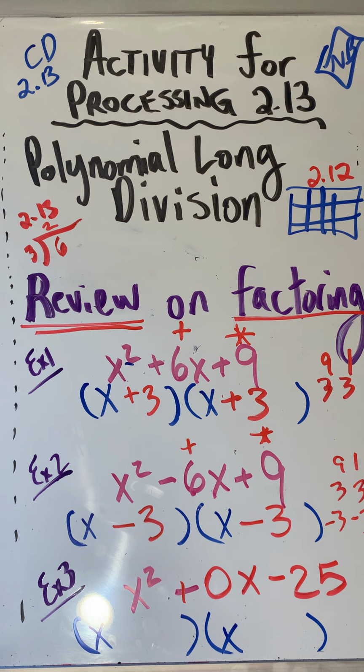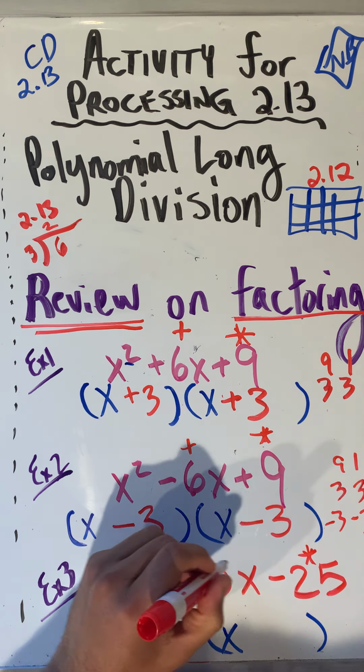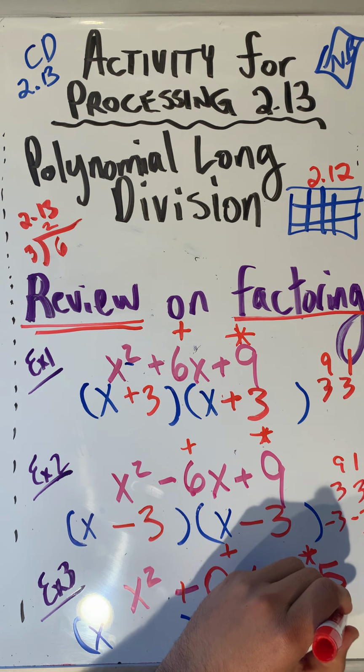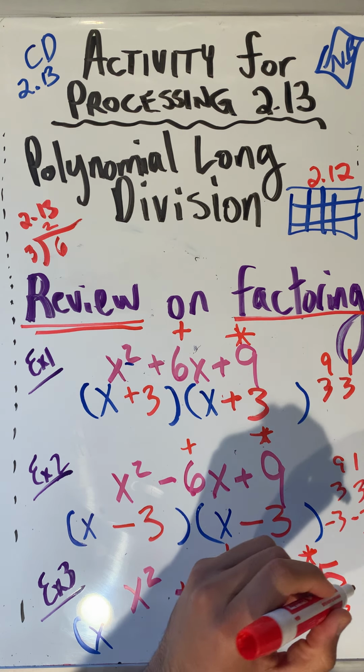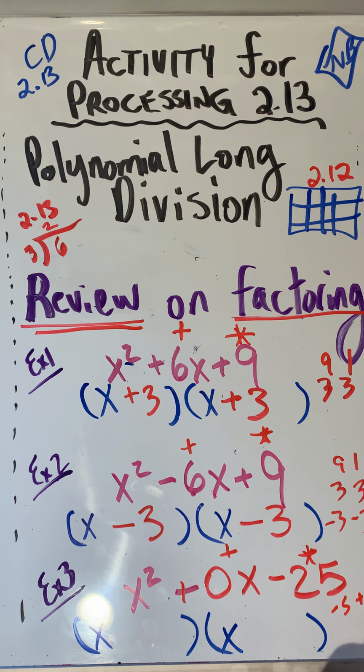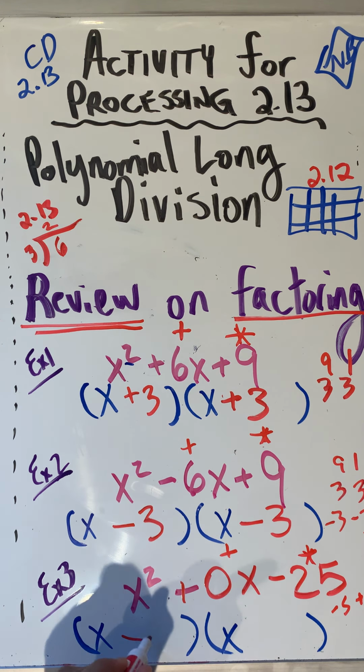So now I need to get two factors that give me negative 25 and a sum of 0x. So the two factors should be negative 5 and positive 5. Negative 5 times positive 5 is negative 25. Negative 5 plus 5 is 0.